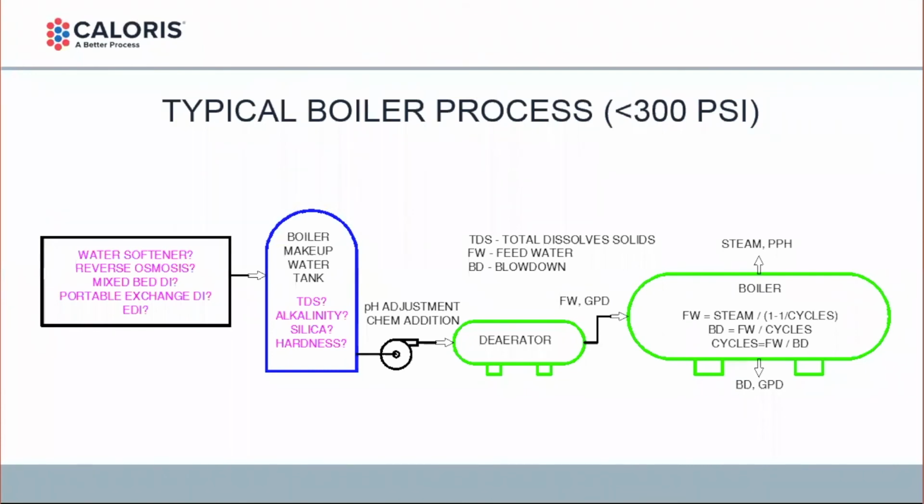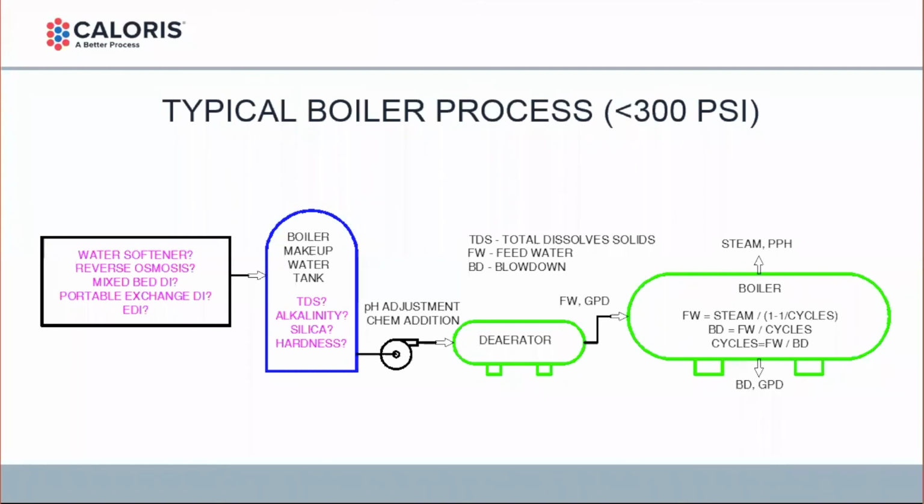Okay, so this is a typical boiler process flow diagram. The variables we're interested in are the type of equipment being used to reduce the dissolved solids going to the makeup water for the boiler.